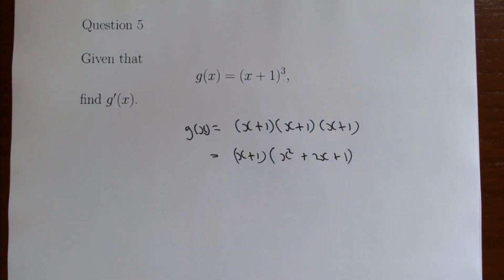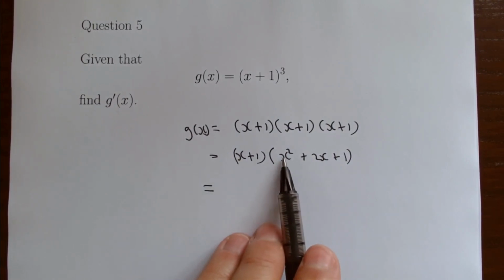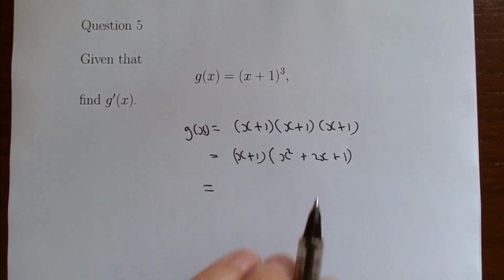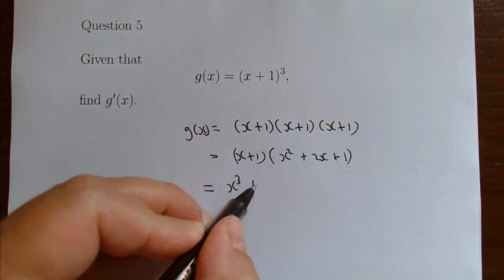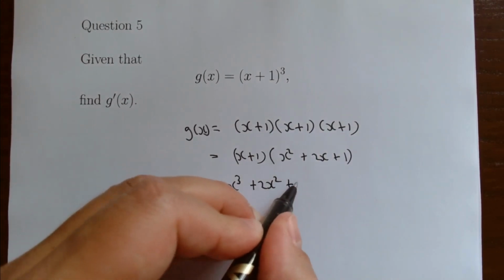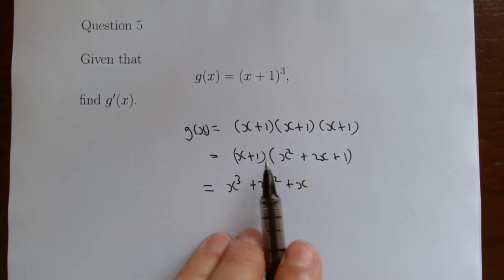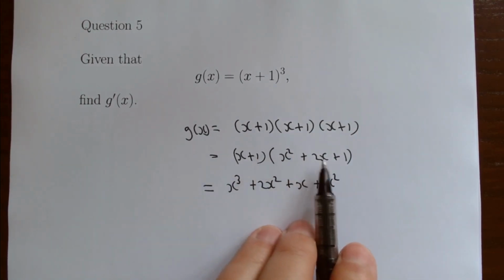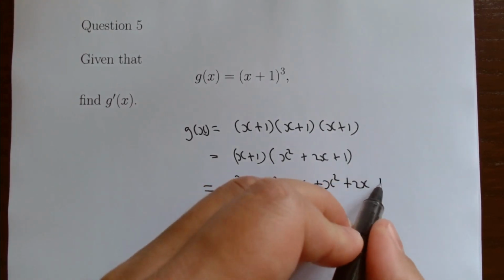And now we can expand this, so the x will multiply all those 3 terms. So here we get x cubed plus 2x squared plus x, and then we have the 1 will multiply those 3, so you get an x squared plus 2x plus 1.